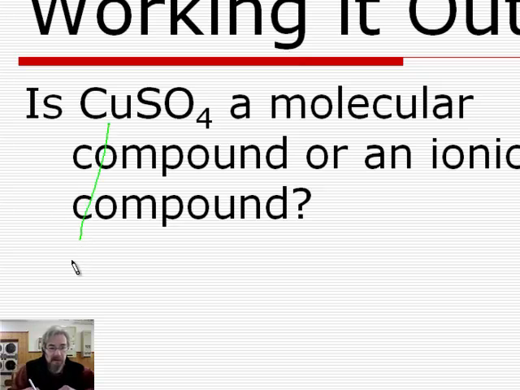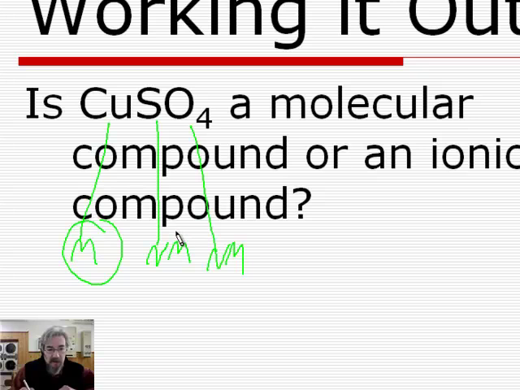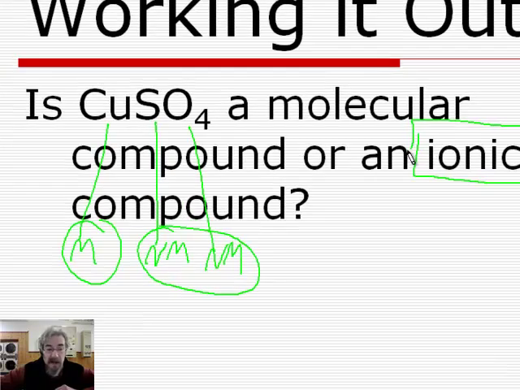Well, copper is a metal. Sulfur is a nonmetal. Oxygen is a nonmetal. Since we've got a metal involved with nonmetals, this is an ionic compound. So when you have more than two species involved, as long as one of them is a metal, chances are really, really good that it's an ionic compound.